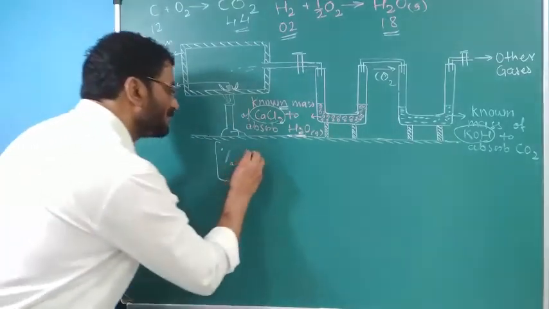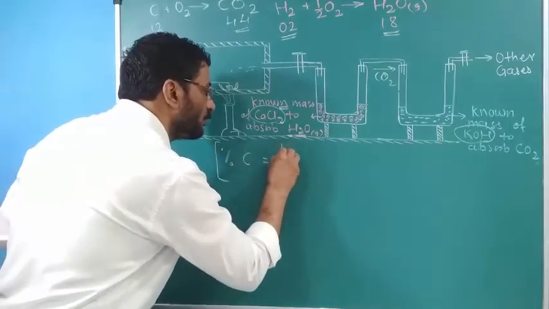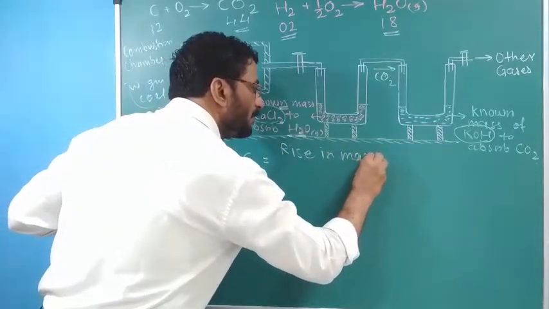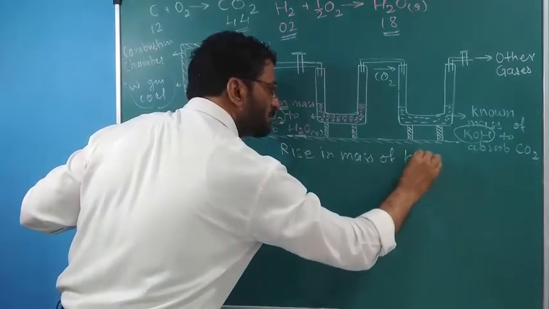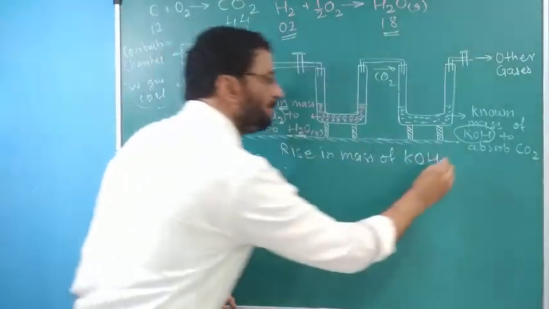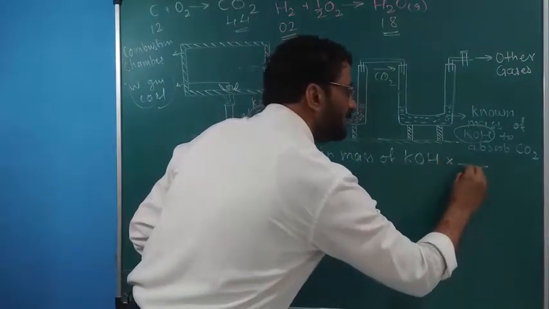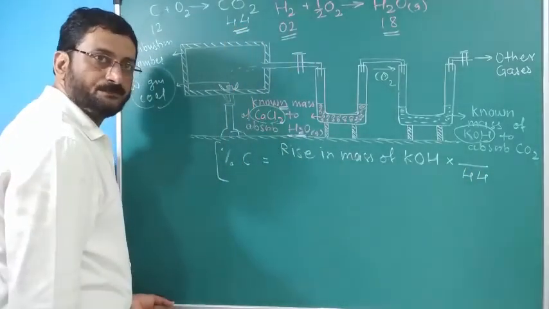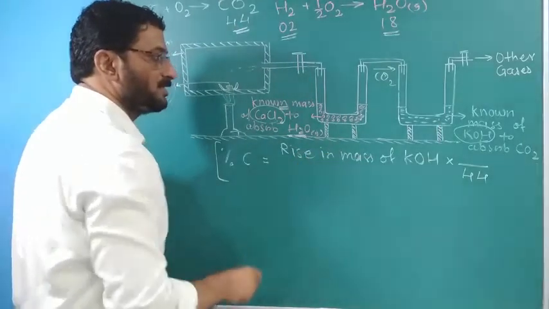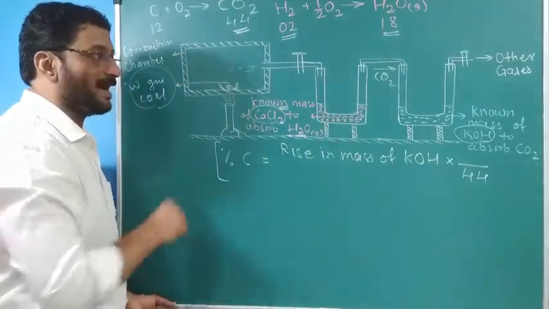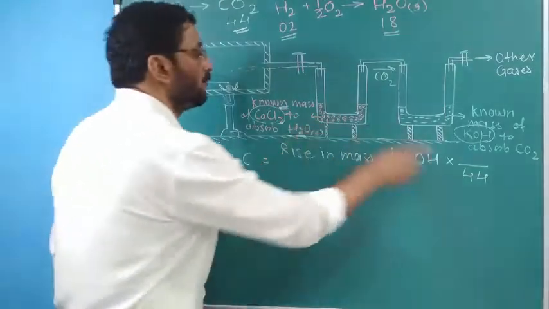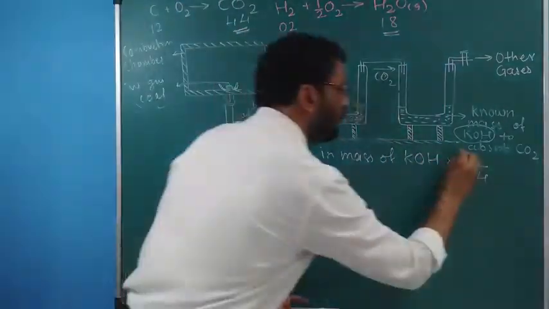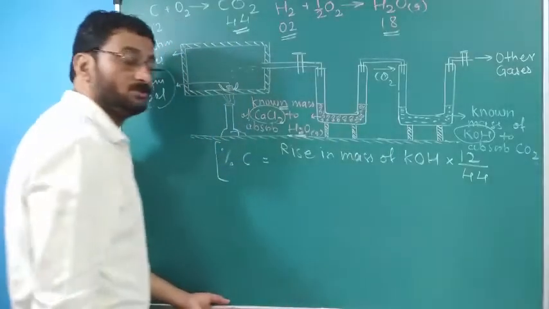So percentage of carbon is equal to what? Rise in the mass of KOH, because KOH is absorbing CO2. At a time, what is the rise? 44 parts by mass of CO2. Out of that, our interest is in 12.